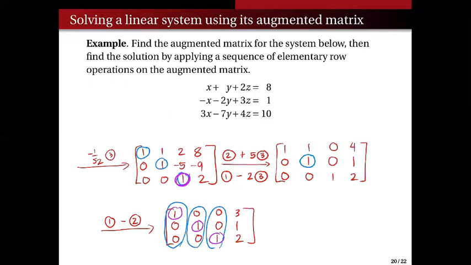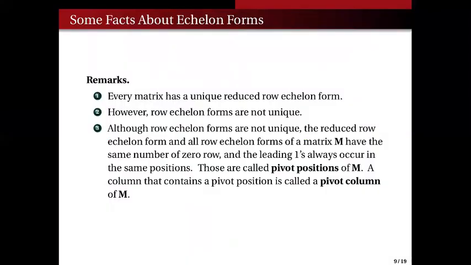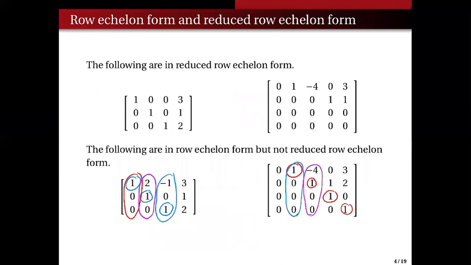If we look at the other examples from before, this guy, this guy, this guy, and this guy are all pivot positions. This is a pivot column.